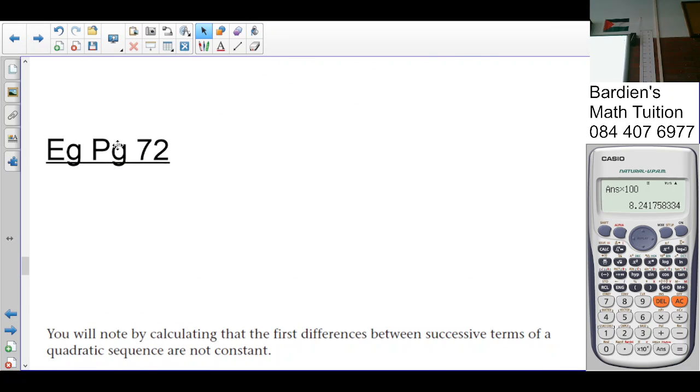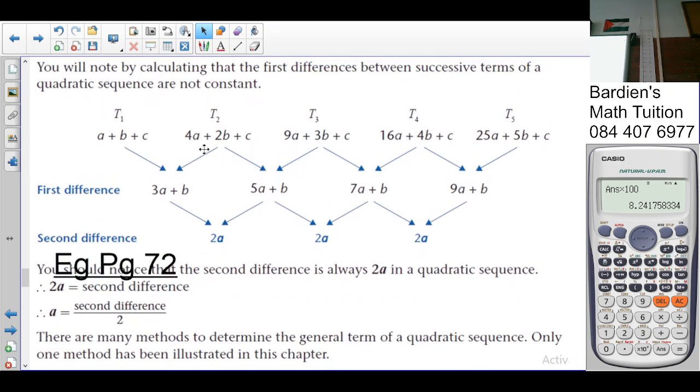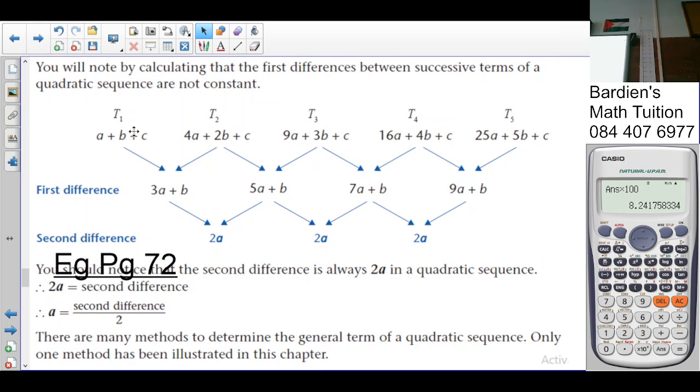So if that is the case, you will see this happens. You will note by calculating that the first differences between the successive terms of the quadratic sequence are not constant. The first differences are 3a plus b, 5a plus b, then 7a plus b, 9a plus b.